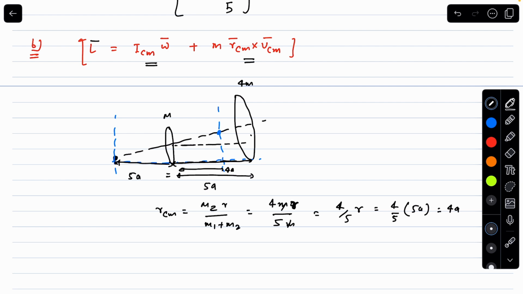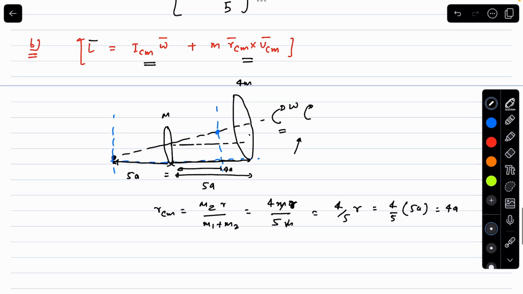So this distance is 5a and this distance is 4a. Now let's find out I_CM multiplied by omega, the angular momentum about the center of mass, plus m R_CM vector cross V_CM. This is rotating like this, so I can consider a rotational motion plus a translational motion in that direction. Rotation is about this axis, so I need I_CM about this axis. For a disk about the axis perpendicular to the disk, the moment of inertia is m r square divided by 2.